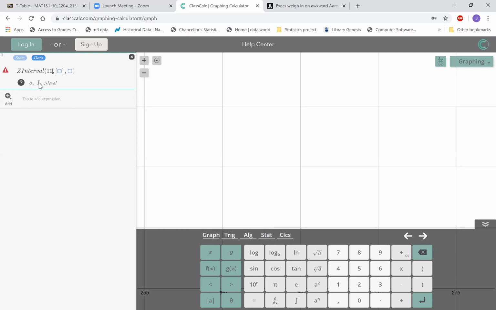The standard deviation of the population is 10. The next thing it asks for, if you see it has a capital L, that means the list. So I want you to enter all of the data there.